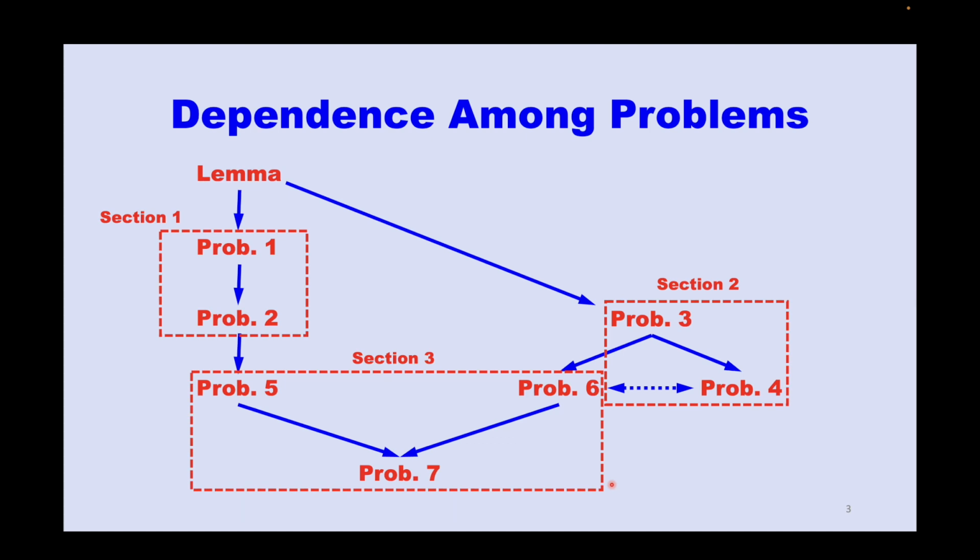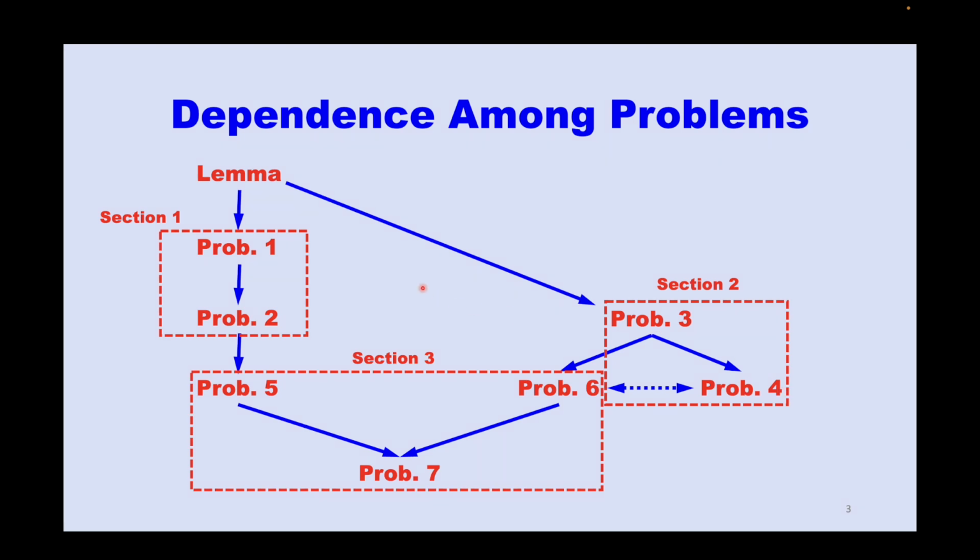So the dependence among these problems goes as follows. We start with the lemma. And the lemma directly implies problem 1 and problem 2, which are in section 1. This lemma is also used in problem 3 and problem 4 in section 2.